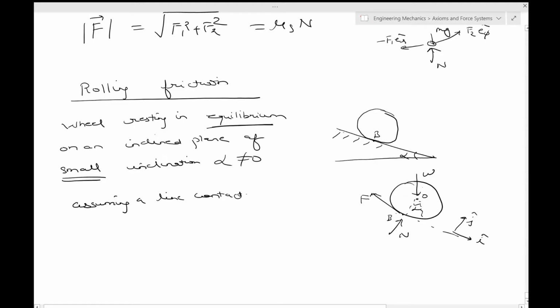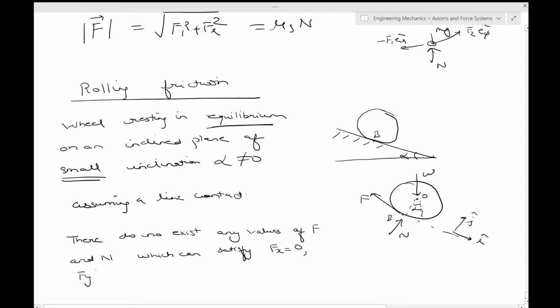The claim which we want to make over here is this: there do not exist any values of f and n which can satisfy fx equal to 0, fy equal to 0, and moz is equal to 0.